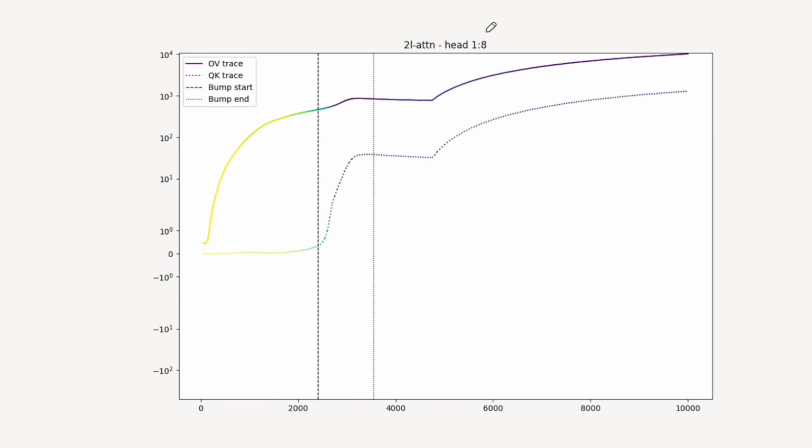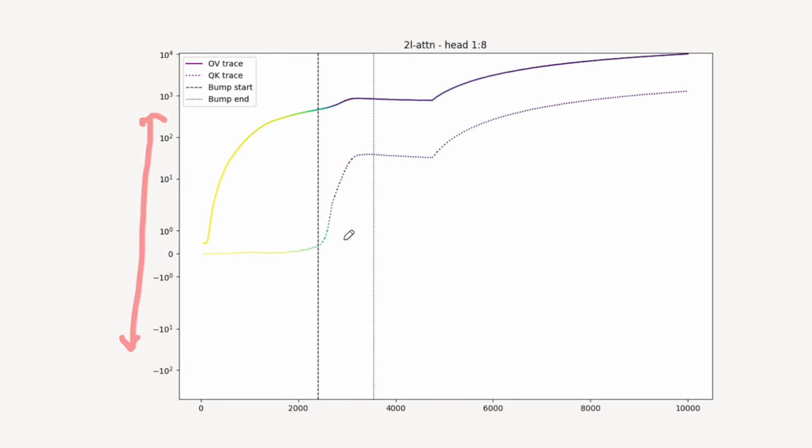And I've now, rather than taking the minimum or combining the QKs and OVs, I've left them separate. So we can see in the solid line the OV, which is that copying-like behavior, and in the dotted line, the QK, which is that similar previous token behavior. This is on a symmetric logarithmic scale, a symlog scale.